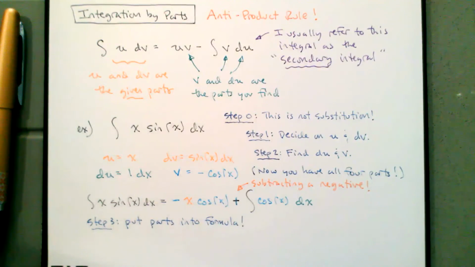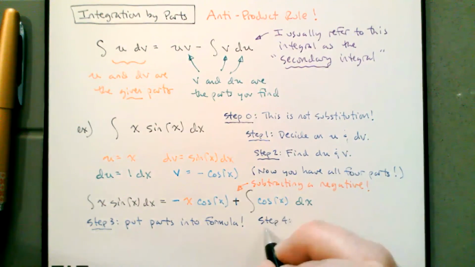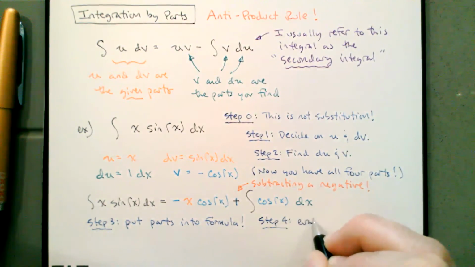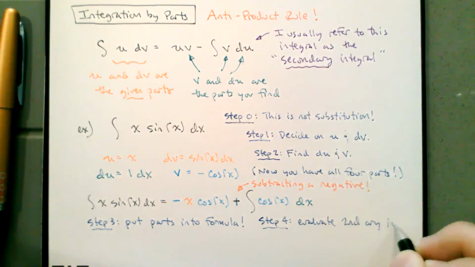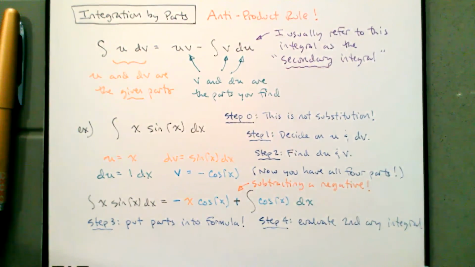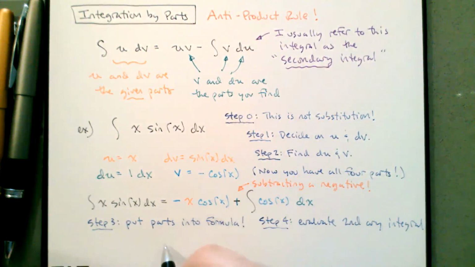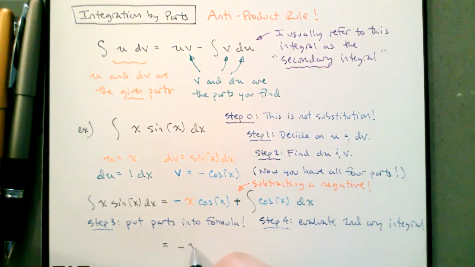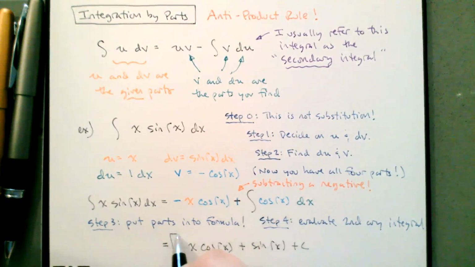And then step 4 is just evaluate the secondary integral. So I have this minus x cosine x. The integral of cosine is sine, so plus sine x, plus c, because we have now done our integral.